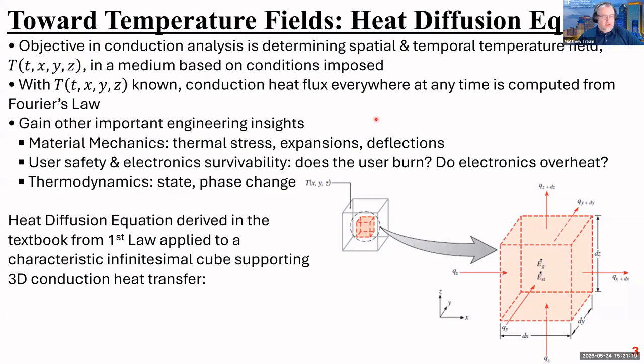Also very important for user safety and for electronic survivability. This happens all the time in my capstone class where students will say, "Oh yeah, we'll just put all the electronics in a box to keep them safe." And then they turn the thing on and the box heats up and overheats and the electronics fry, because nobody actually did the heat transfer analysis to figure out whether the box gets so hot that it burns the electronics up, or causes heat flux on the surface of the box that's so high that the user cannot touch it without getting burned.